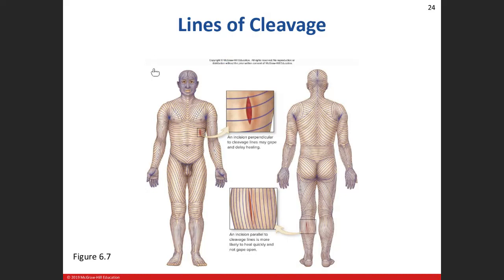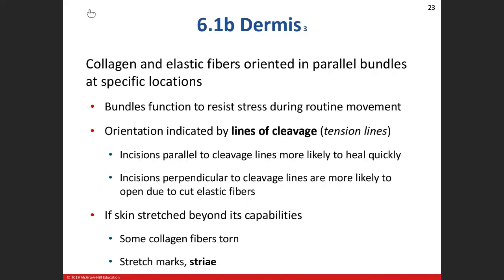Probably never seen this before, all right. This map is showing what we call the lines of cleavage, where these bundles of collagen and elastic fibers, how they're oriented. And you can see it's weirdly oriented at different angles in certain areas of the body.